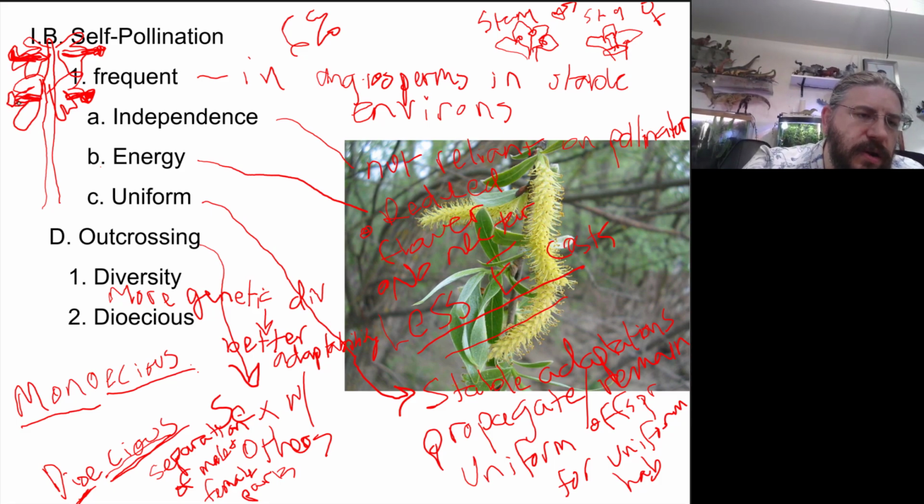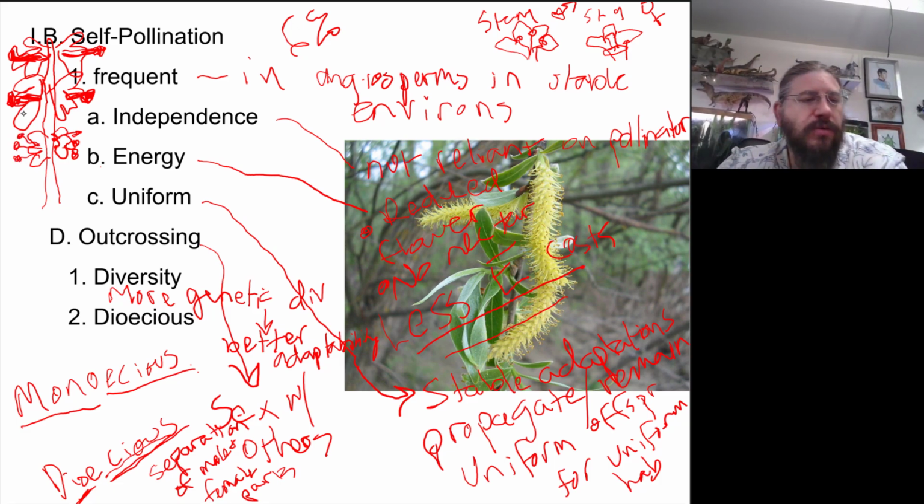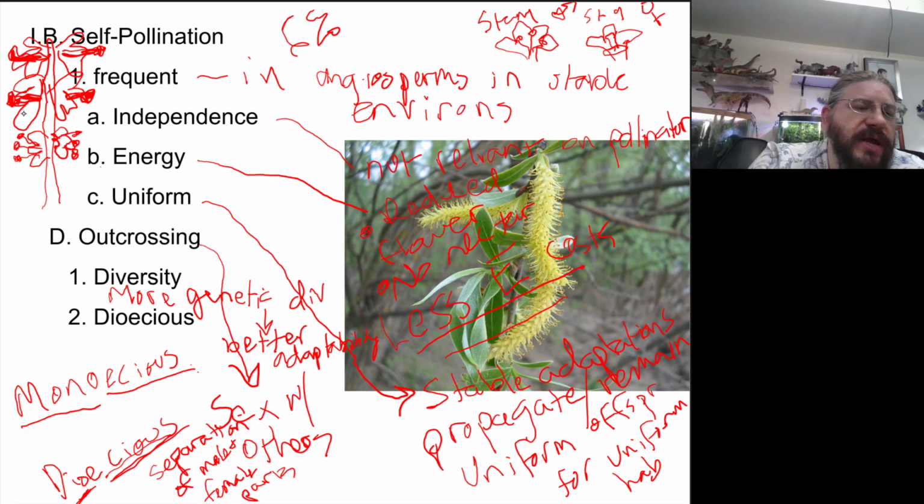Good drawings over here. And then on that same stalk of flowers, you'll have the male flowers. So you don't have complete separation of male and female parts, but you do have separation of the reproductive structures in the flowers.